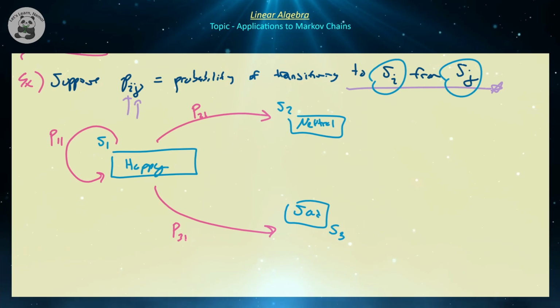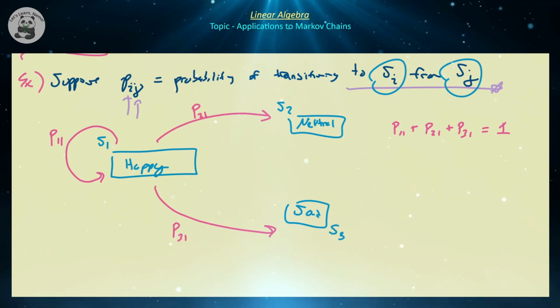So we clearly see that P11 plus P21 plus P31 must be equal to 1, because those are all of the states it could go to. Keep in mind it's possible that it's impossible to transition from happy to sad instantaneously, so that might be equal to 0, but technically speaking 0 does belong to the interval 0 to 1, so that is perfectly valid.